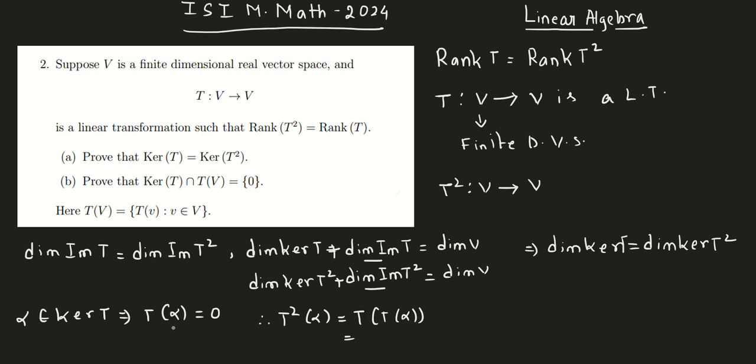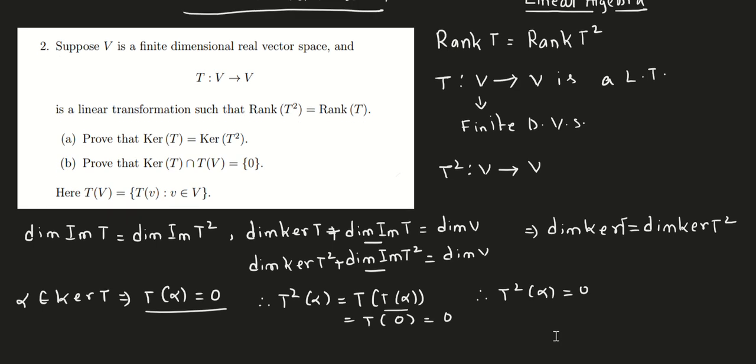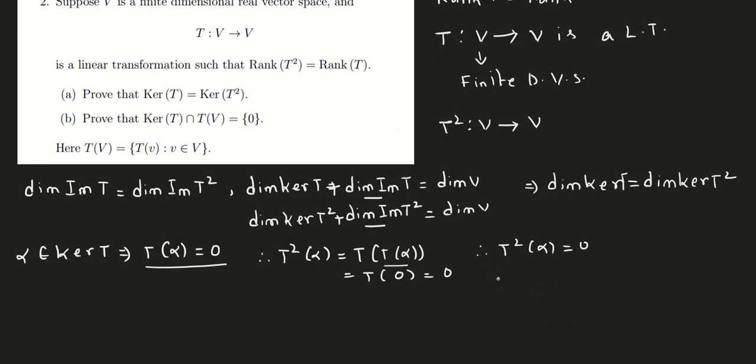Now T alpha is equal to 0, so let us write 0 in place of T alpha. That gives T of 0. As T is a linear transformation, it maps the zero vector to the zero vector. So T squared of alpha gives the zero vector. T squared alpha equal to zero vector implies alpha belongs to kernel of T squared.